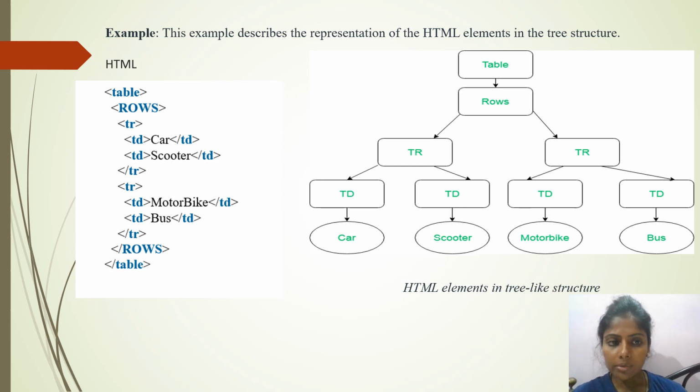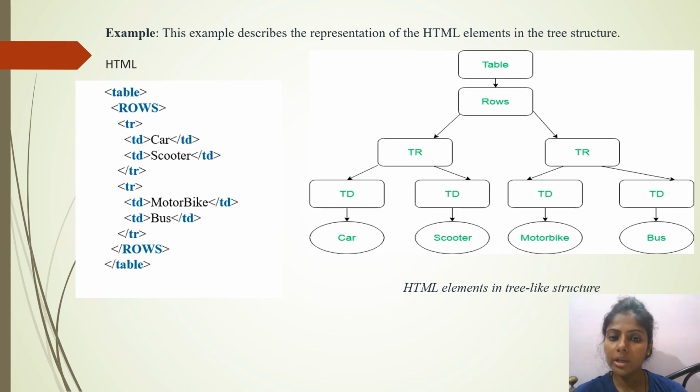See, the same HTML program has been written in a tree-like structure. How are we describing that program as a tree structure? This is the format given above, that is, the table, which acts as the hierarchical root. From the table we have rows, and from the rows we have two sections, called tr.